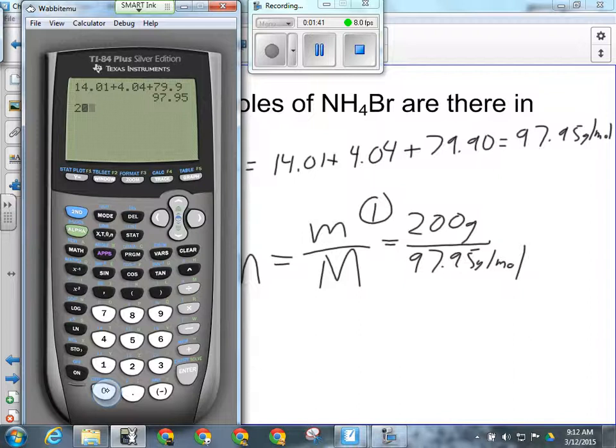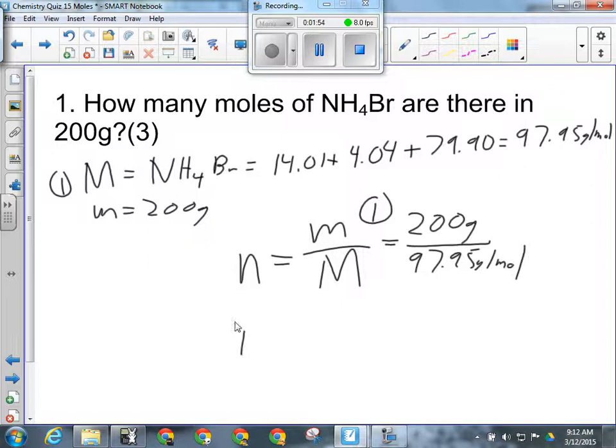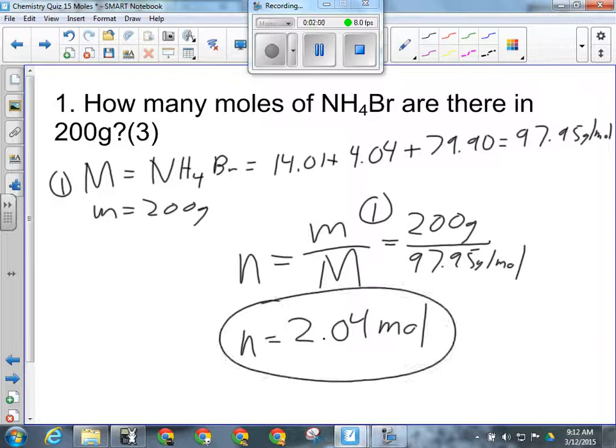And then we just have to do the math. 200 divided by our molar mass gives us 2.04 moles. What if they rounded off? Always take it to 2 decimal places. 2.04 moles.